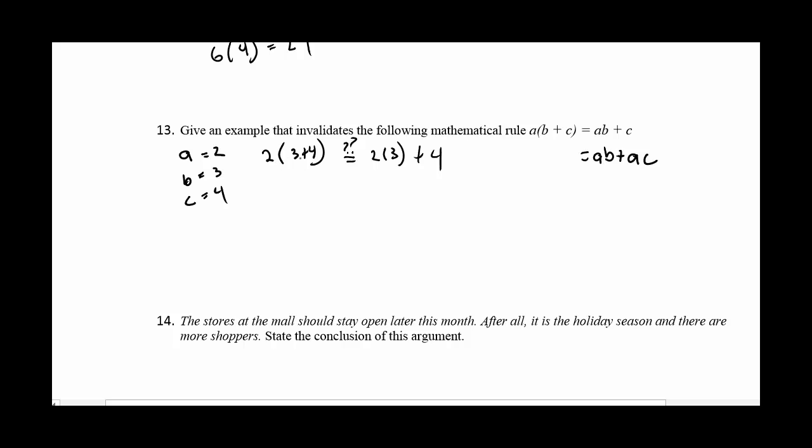So on the left side, order of operations, we have parentheses, so we want to do that first. So that's 2 times 7, and 2 times 7 is 14. And over here, we get 2 times 3, which is 6, plus 4, and 6 plus 4 is 10. So that actually does not work, it's not true.